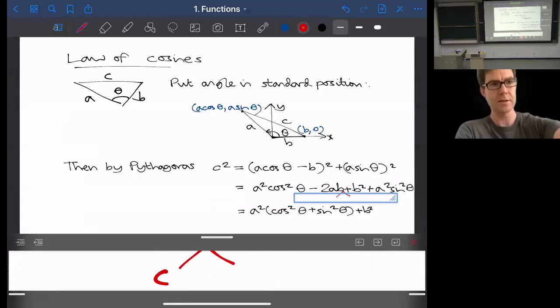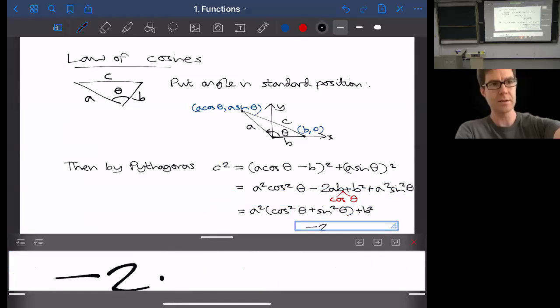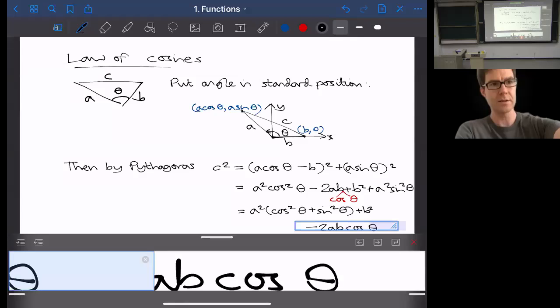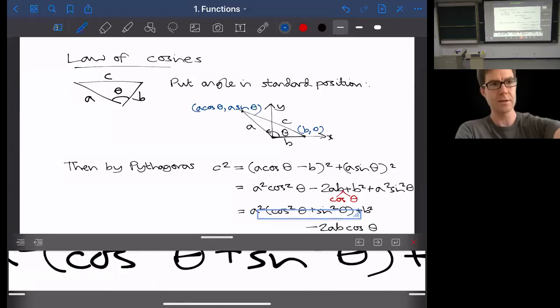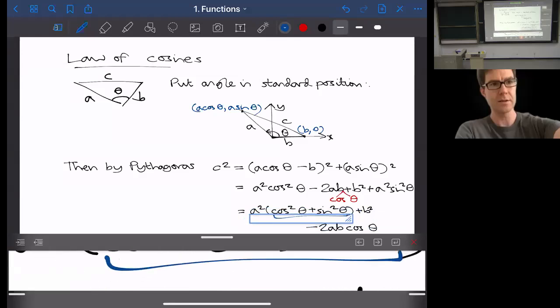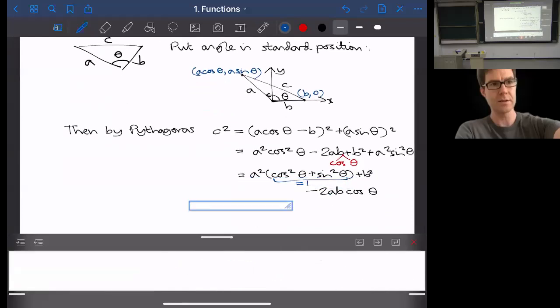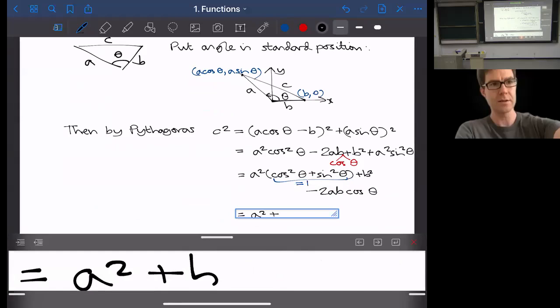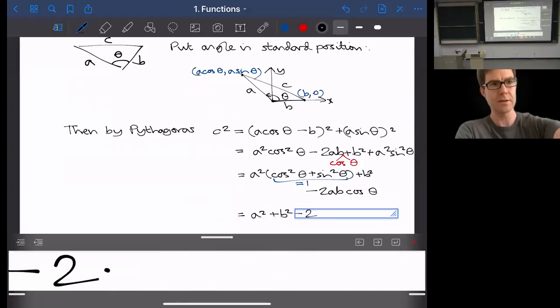This is cos theta. Minus 2ab cos theta. But this, we said, always equals 1. So we get this result.